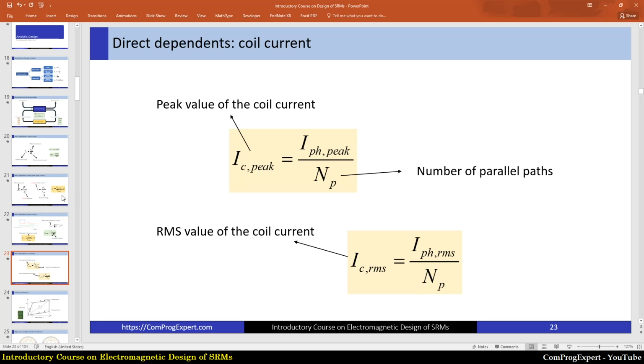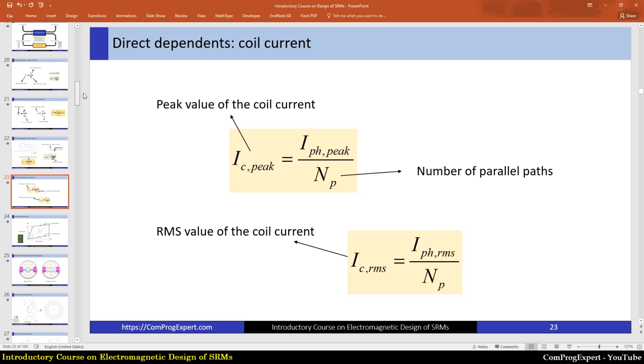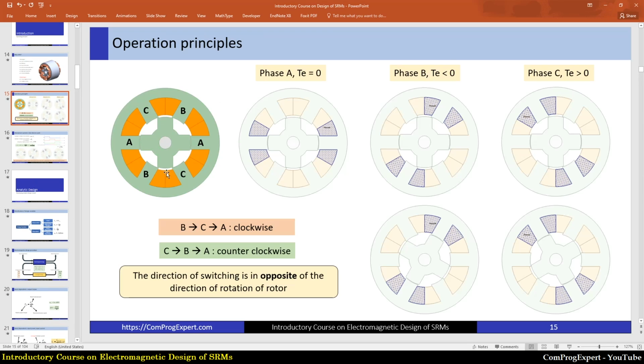NP is the number of parallel paths in the winding. In this example, we have 2 coils in each phase. So we can connect these 2 coils in series. In this case, the number of parallel paths is equal to 1, or in parallel. In this case, the number of parallel paths is equal to 2.